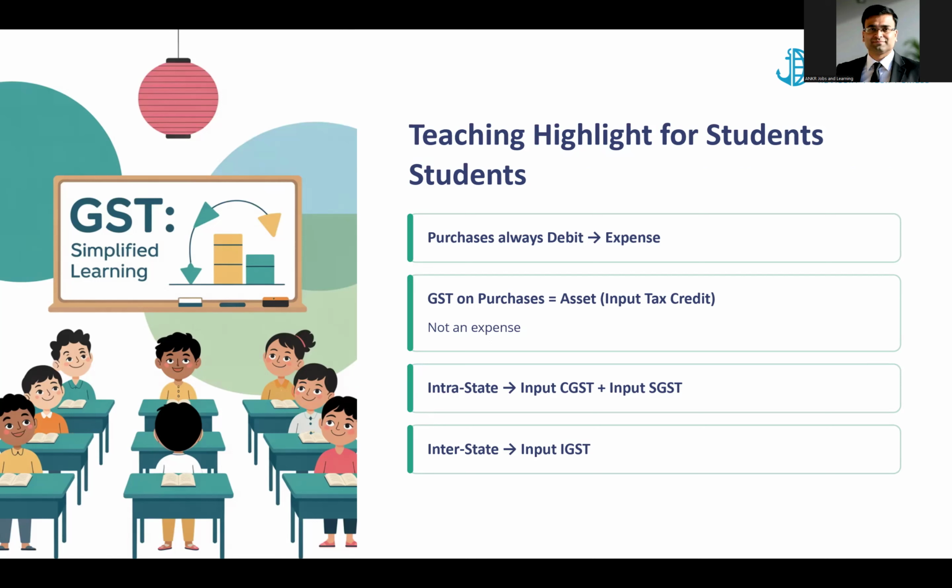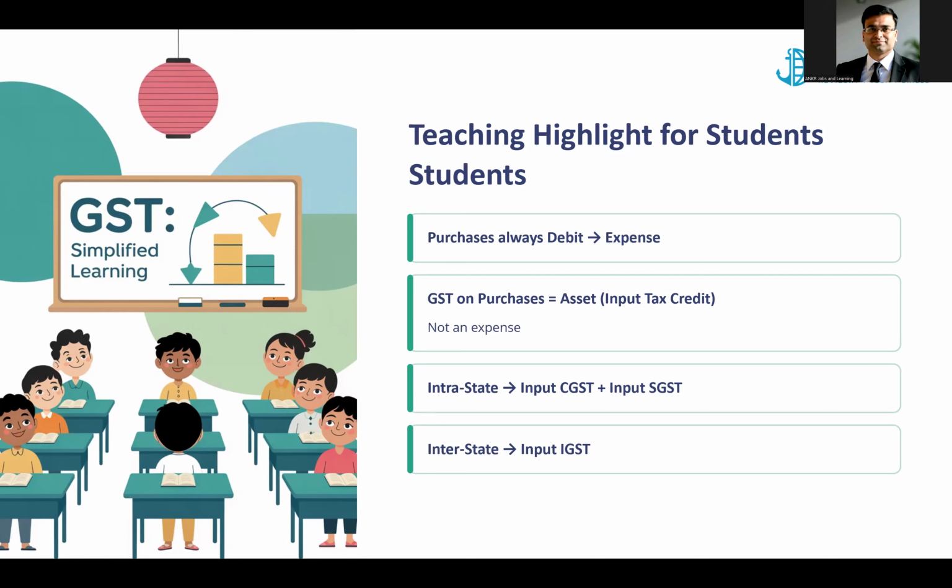When it is intrastate, within the state, then you will have input CGST and input SGST. And when it is from one state to another, like Maharashtra and MP, Goa and MP, Chhattisgarh, whatever, there will be only one interstate tax, and that will be accounted as input IGST. But on that particular item, the rate will remain the same.